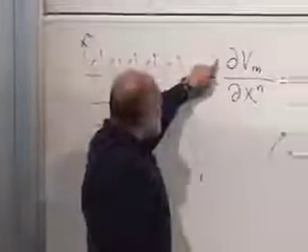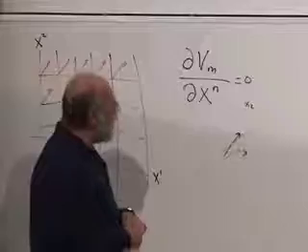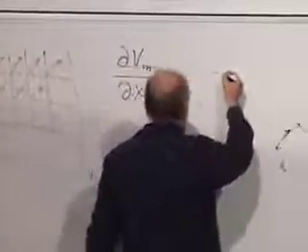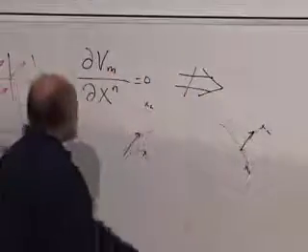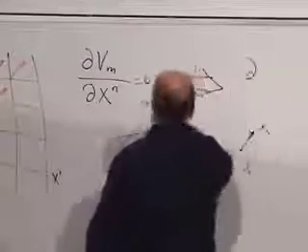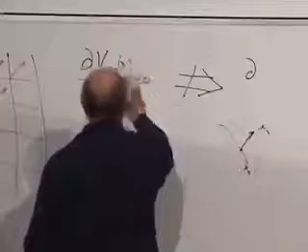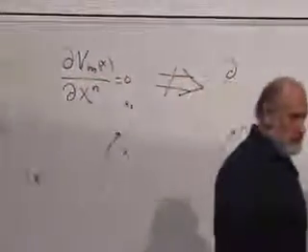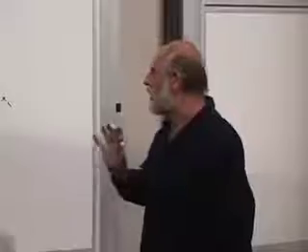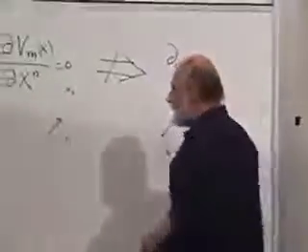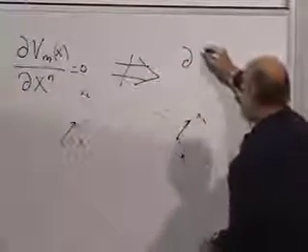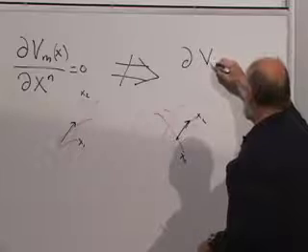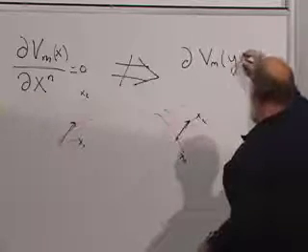So, dv by dx equals 0 does not imply that dv, the components in the x-coordinate system relative to the x-axes, them being constant, which is the same as saying the derivatives are 0, does not say that dv m in the y-coordinates.